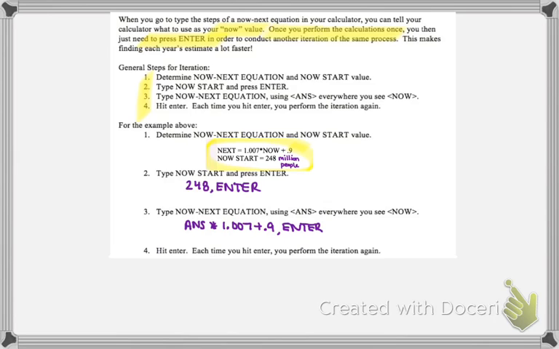And we can see exactly what's expected of us in the next step. It says hit enter. Each time you hit enter, you perform the iteration again. So if you remember last time, we were predicting the populations all the way up through, I believe it was 1996. So I'm going to set myself up with a table to do those same predictions.